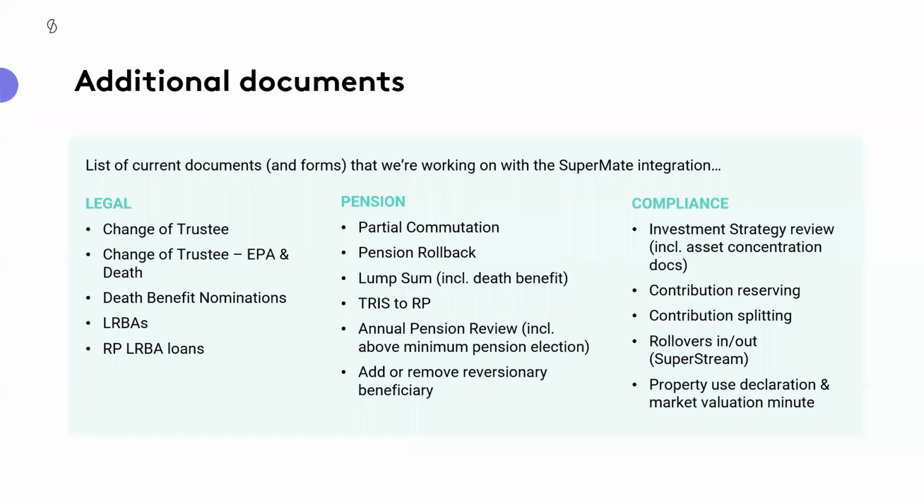So if you do have any suggestions on documents that may be higher volume, please, you can get in contact with us, team@smartersmsf.com. Like I said, we've got our initial 6 that we're working on and getting in, but here's just a list of some that we're looking to add on over the course of the next quarter as well.